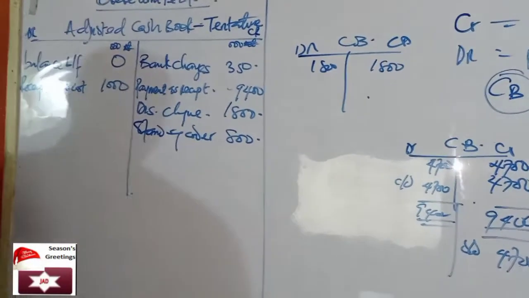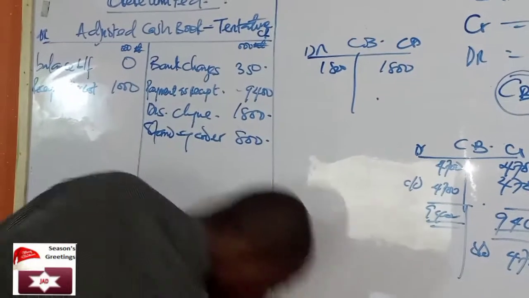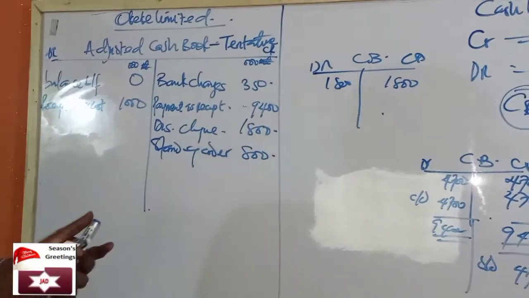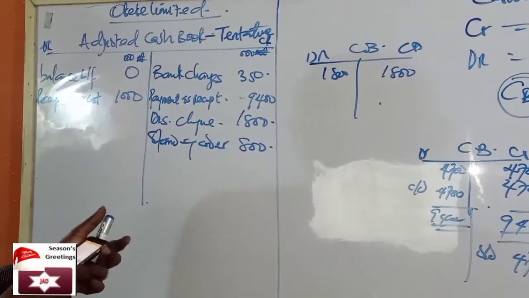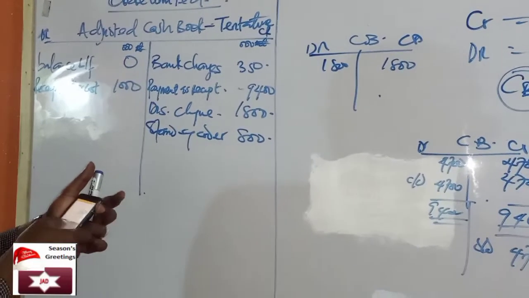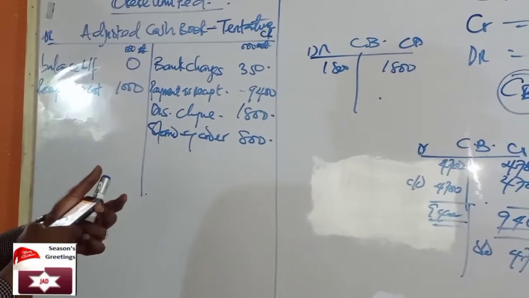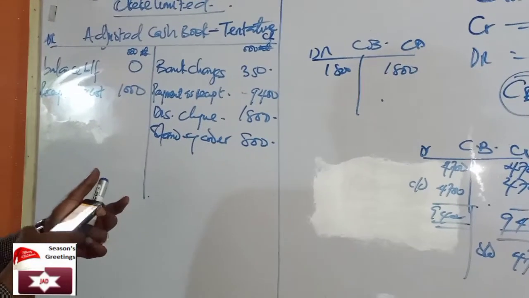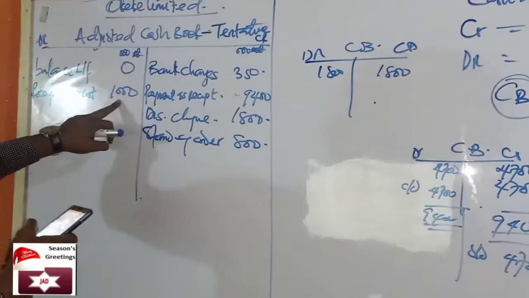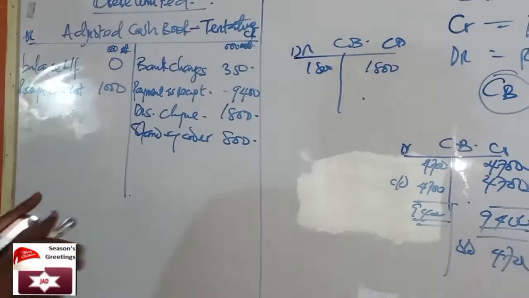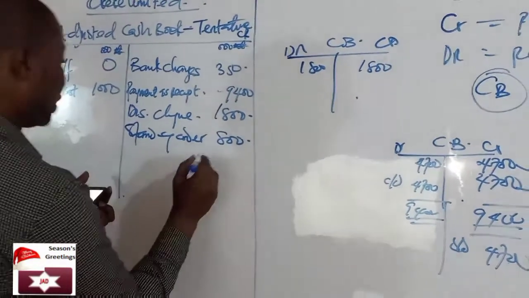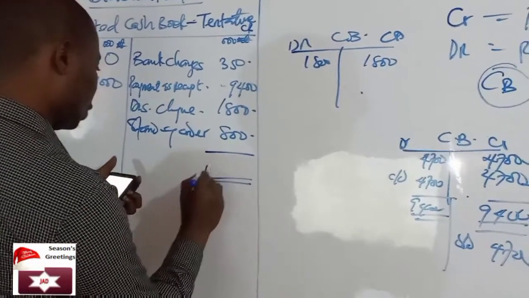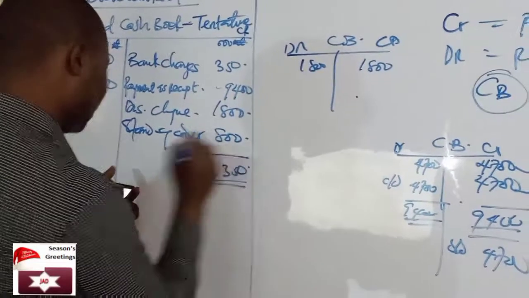So let's balance up. If we're balancing up this adjusted cash book now, we have the credit side. We have 350 plus 9,400 plus 1,800 plus 800. And then here you have 1,000. So that means this side is 12,350.